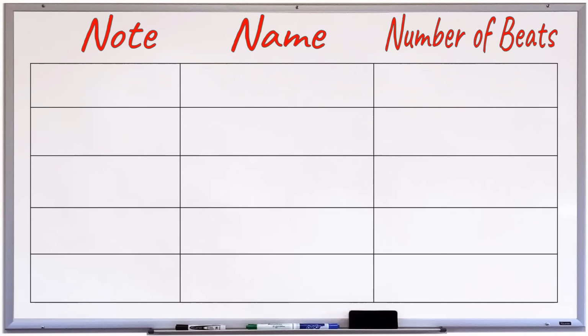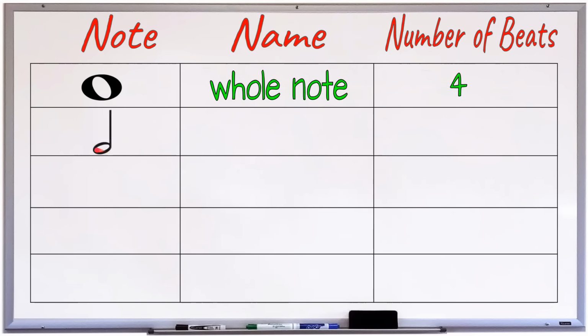For this one, it's the head only. It's called a whole note, and it has 4 beats. This one has an unshaded head with a stem. This is what we call a half note, and it receives 2 beats.